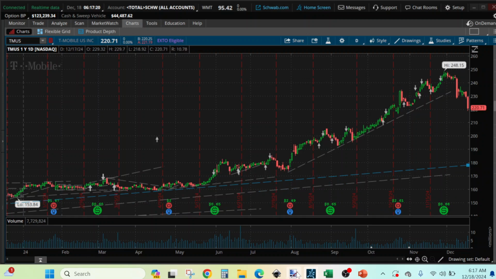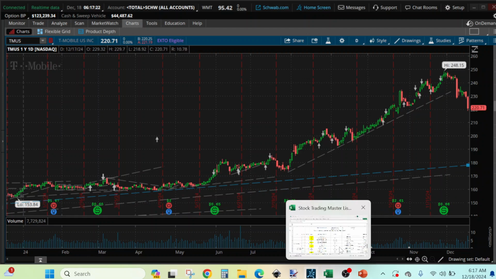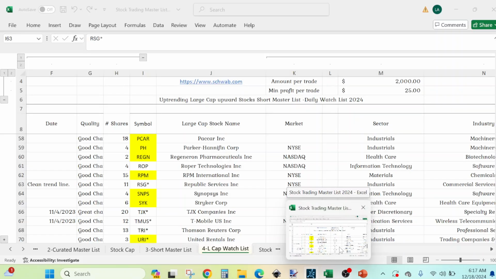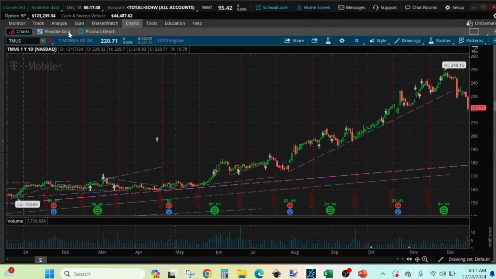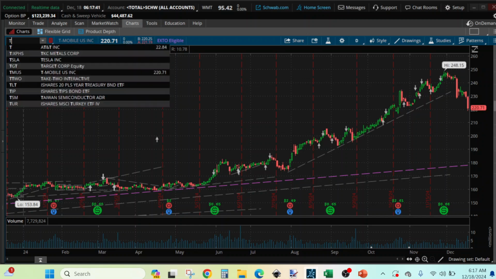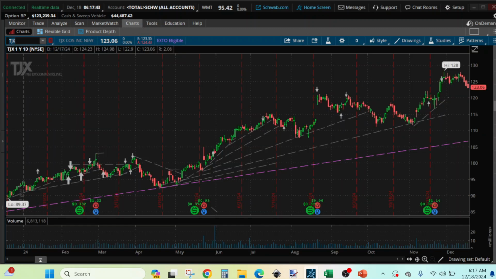But how trend line duration is determined is a mystery to me. And I think the monthly chart is used for some swing trading strategies as well. But I'm just going to focus on the swing trading strategy that I'm using, so that I don't confuse you and myself in the process.